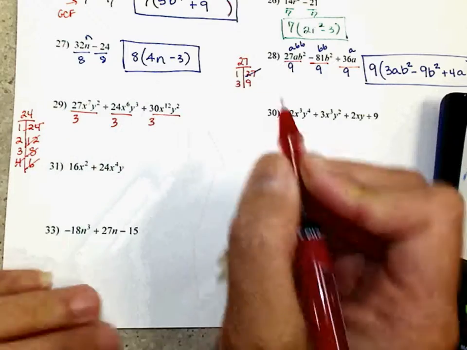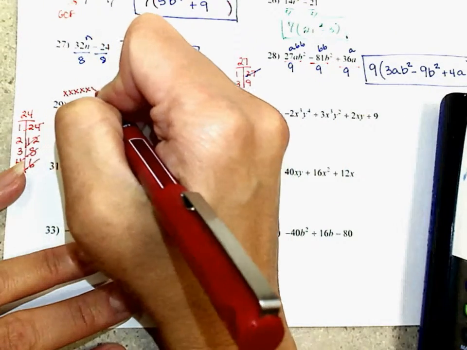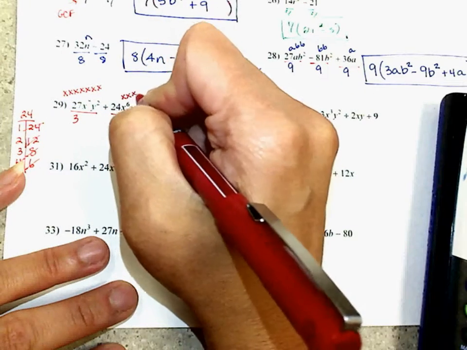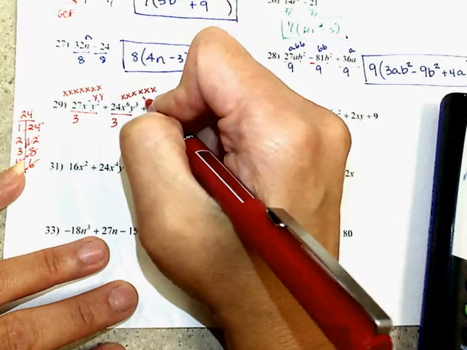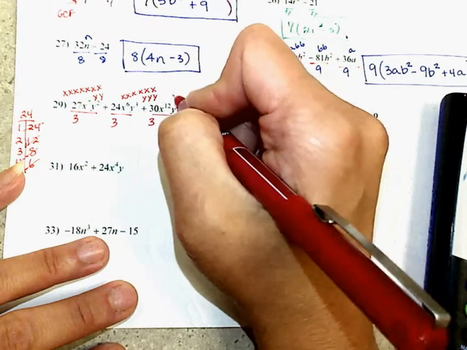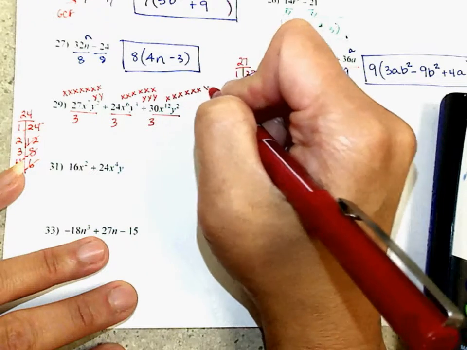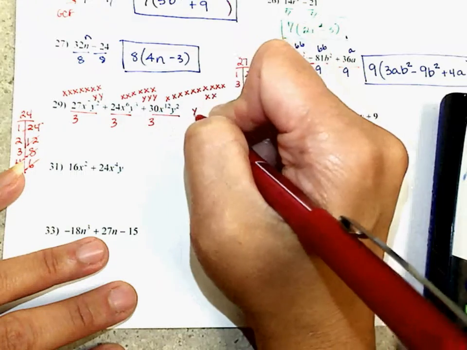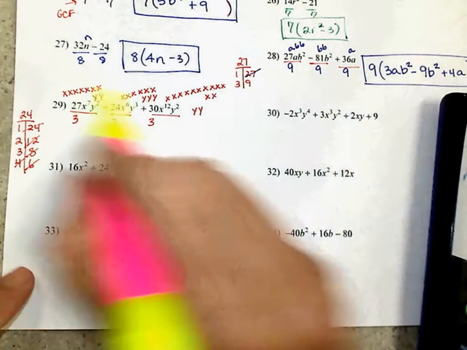The first term has 7 x's: 1, 2, 3, 4, 5, 6, 7. The next has 6 x's. 2 y's, by the way. The third has 12 x's and 2 y's. All right. So let's see how many x's they have in common. By the way, you don't have to do this. I was just showing you if you didn't know how to do it.